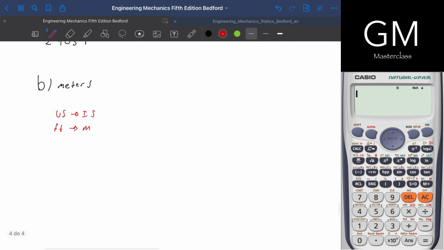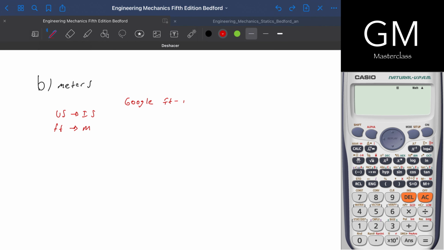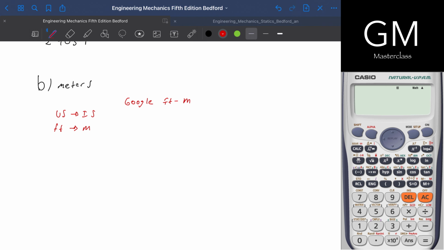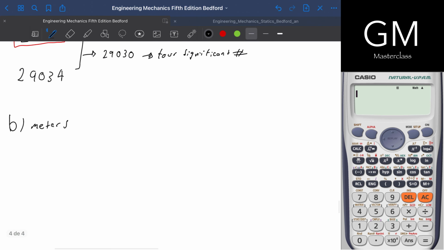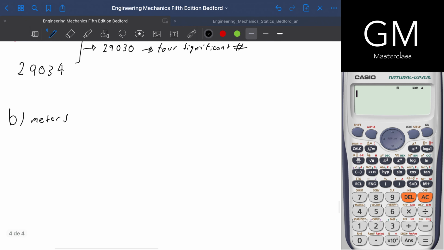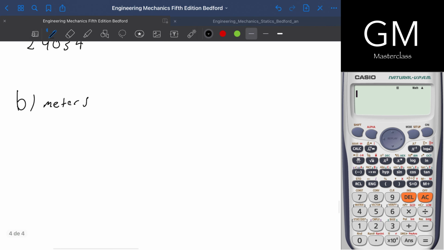Now, I already know that I could go to Google and search for feet to meters, and that is going to give me the answer. But I'm going to suppose that I am in an exam, maybe you're going to do the same thing. So although that is pretty difficult, we're going to imagine that we don't have access to the internet.